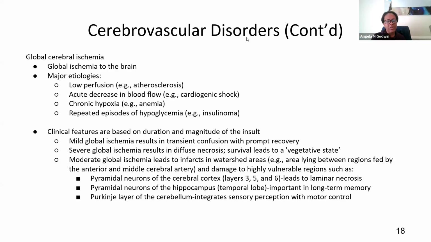So in cases where there's moderate global ischemia, that could lead to what are called changes or infarcts in watershed areas. Watershed areas in the brain are areas, and I'll show you a picture, in between arteries that are highly vascularized, so there's a lot of blood motion there.